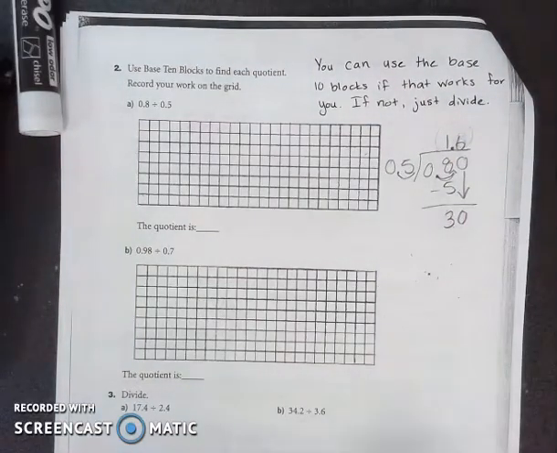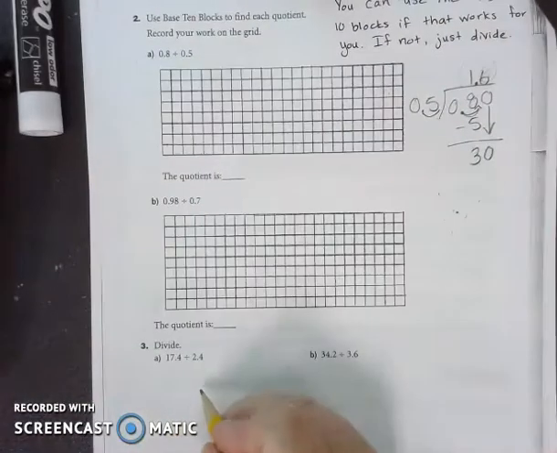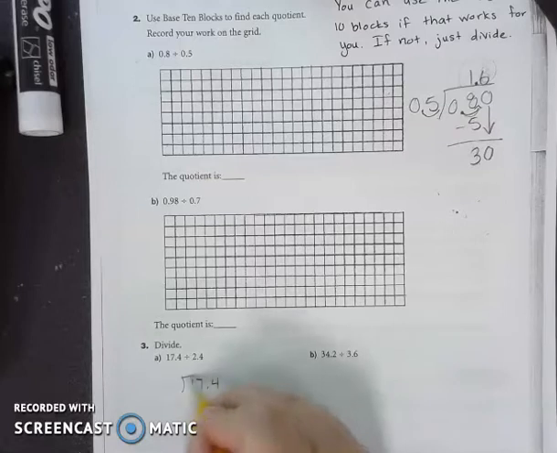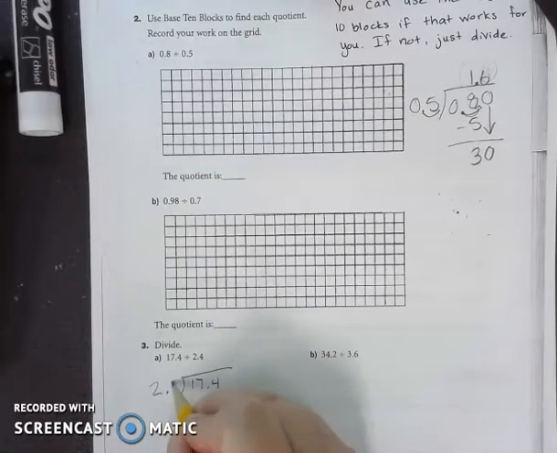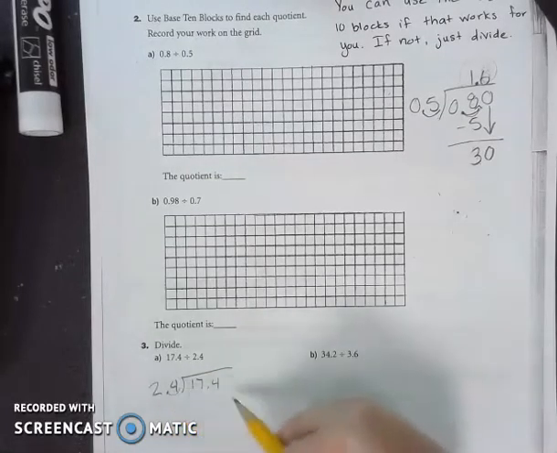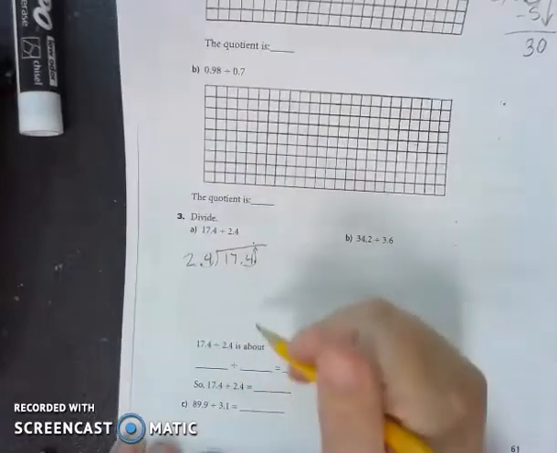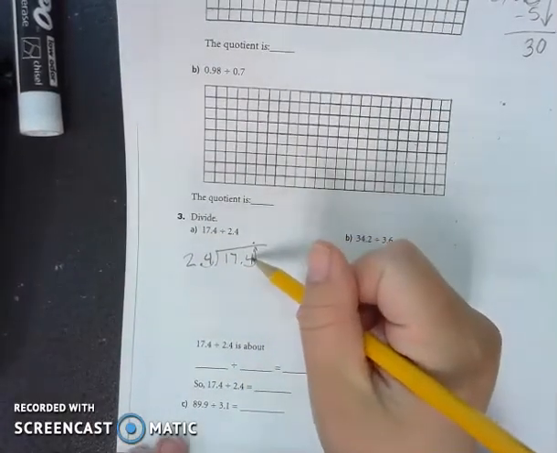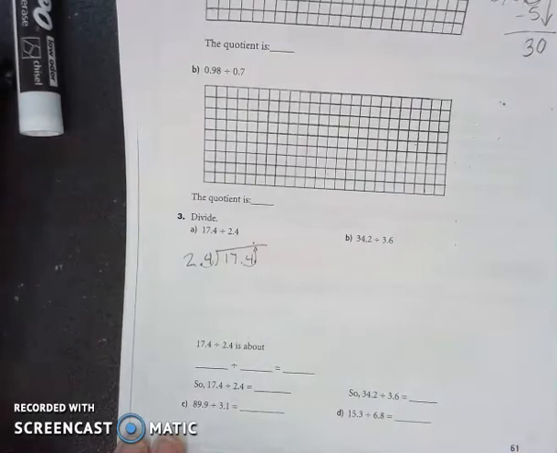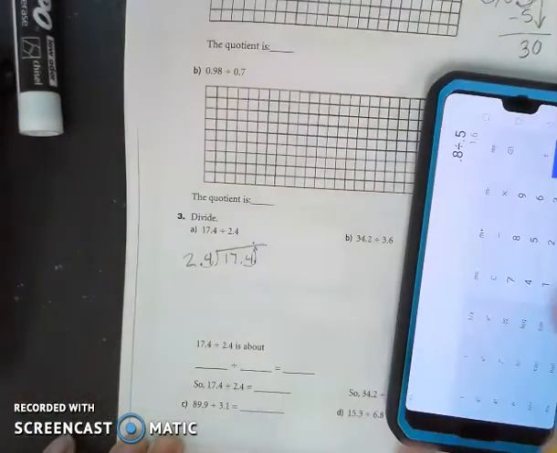All right, doing the same thing here. So 17.4 divided by 2.4. Now, if I move my decimal over now, I know that my decimal is going to be right here. So then my first question is, how many times does 24 go into 174? Well, I don't really know that just right off the top of my head.